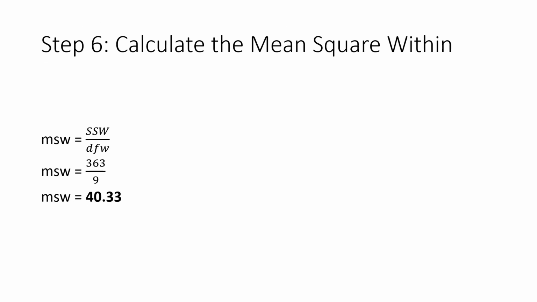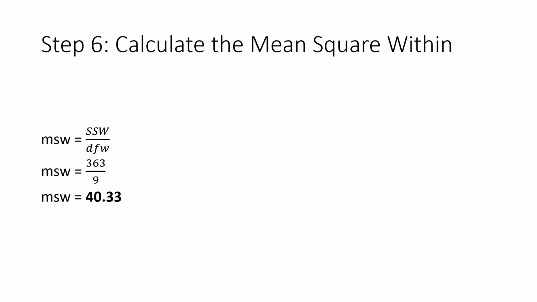Okay, the next step to arrive at an F statistic is to calculate what we call the mean square within. That's the MSW, mean square within. So to do this, we simply take the sum of squares within, which we calculated above, and divide that by the degrees of freedom within, which we also calculated above.